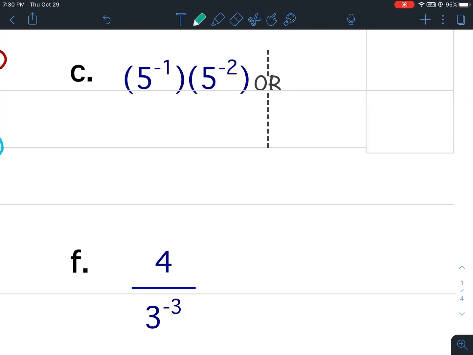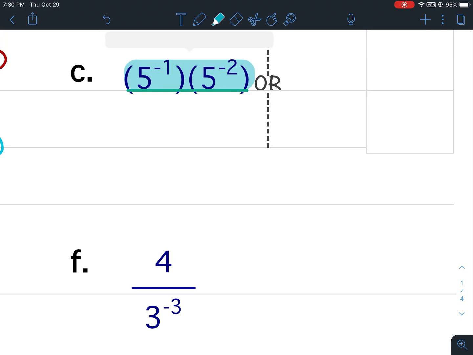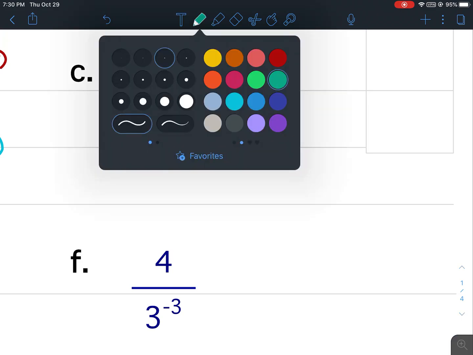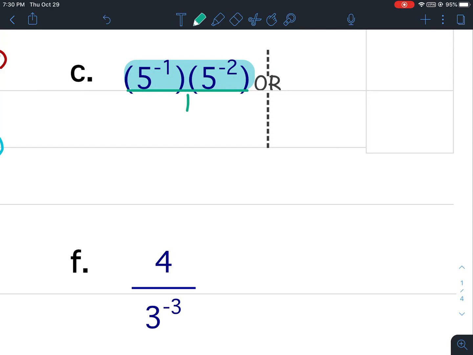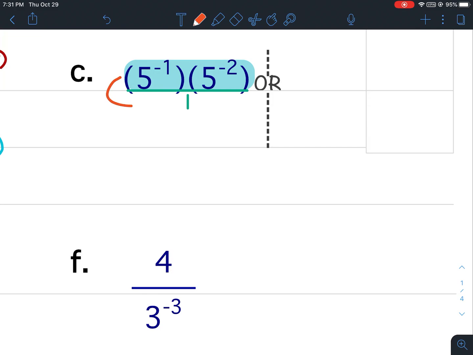Okay, in this case, notice how both exponents are negative. So that means I'm going to take both of these and move them to the denominator to make them positive. Put my 1 on the bottom. So this would move, and this would move.